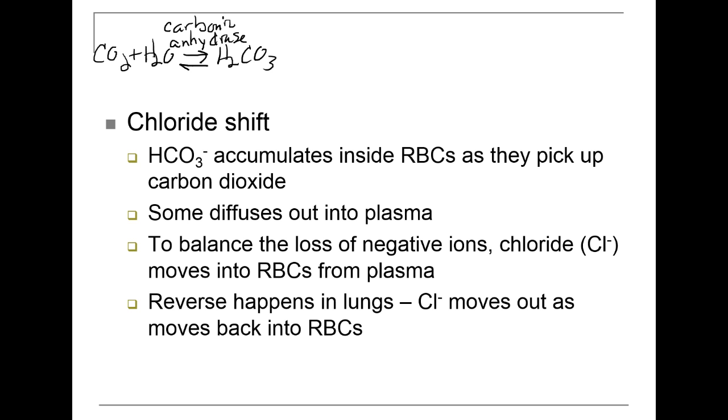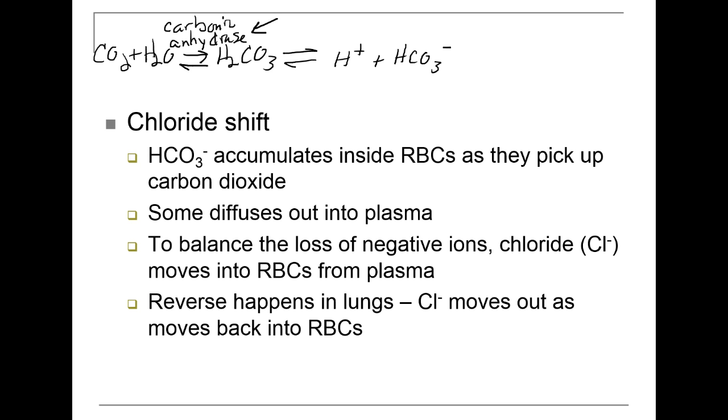Carbonic acid will dissociate in a reversible reaction into the hydrogen ion plus the bicarbonate ion. Now this does not actually occur out in the plasma. This occurs in the red blood cell because it's in the red blood cell where you have that enzyme carbonic anhydrase. So we have a little problem.